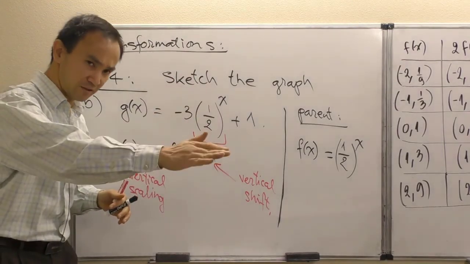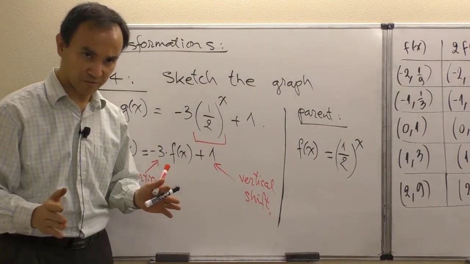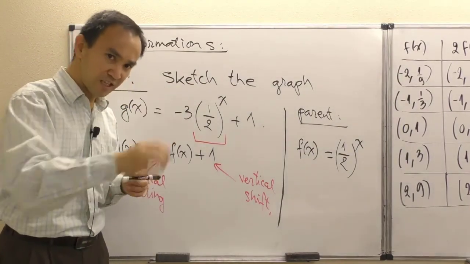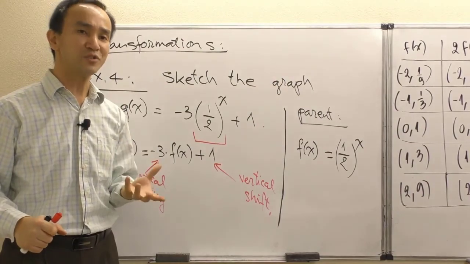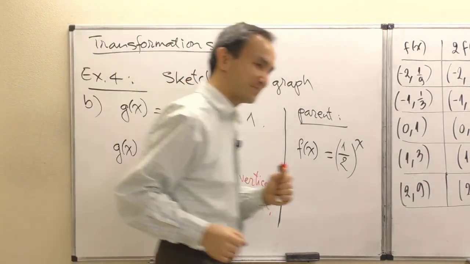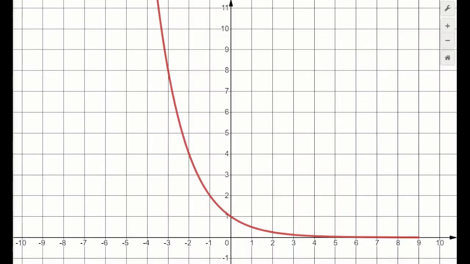All right, and so now at this point, let's have a quick glance at the graph of 1/2 to the x, the parent function, to decide for ourselves the guiding points. And then we're going to take those guiding points to the other board space right there, and we're going to use them for making our transformation. All right, so this is the graph of our function 1/2 to the x. And these are the plotted points right here.